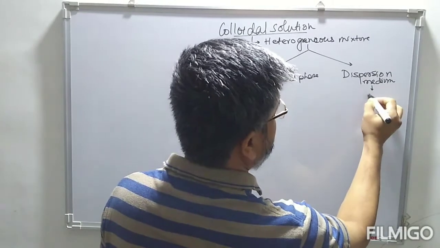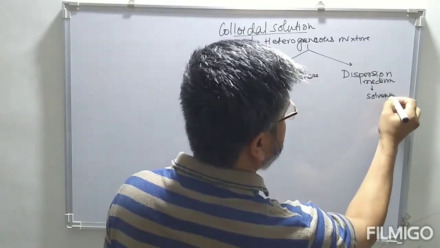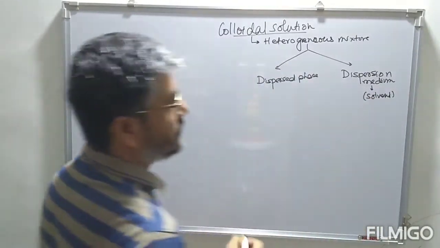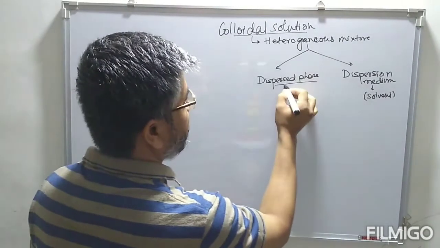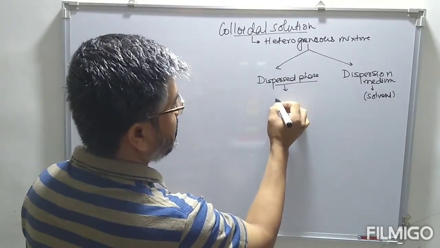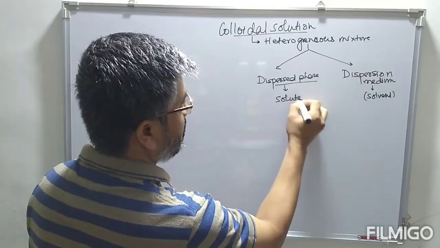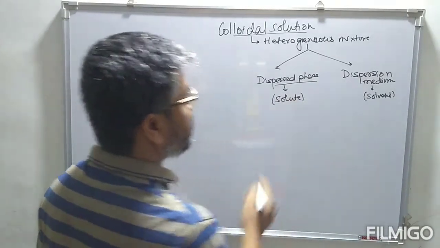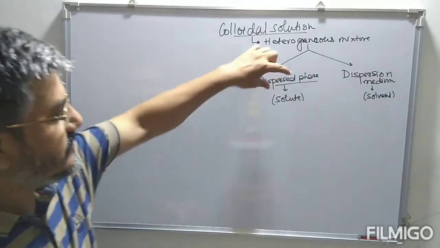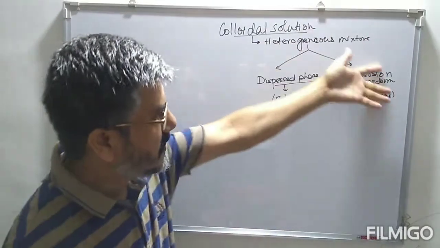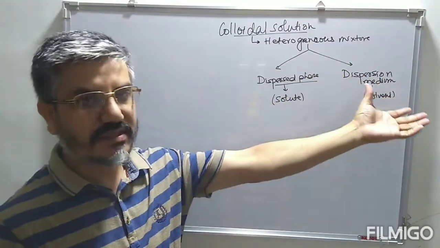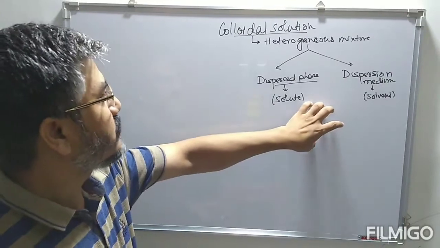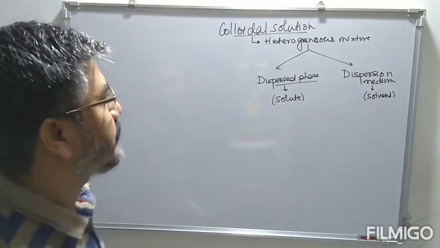The dispersion medium is the one present in larger quantity. The dispersed phase is the one present in lesser quantity. So the heterogeneous mixture of a dispersed phase dispersed in another substance known as the dispersion medium is what we call a colloidal solution.